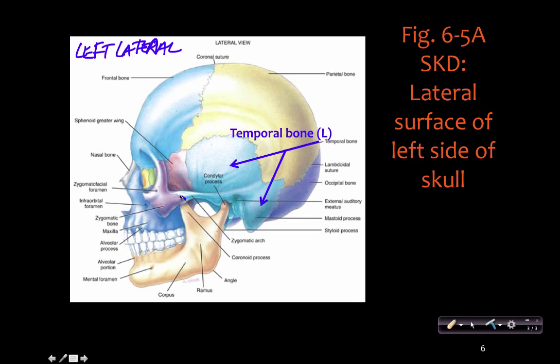But as you can see here, this would be the temporal bone, at least on the left lateral part. And what we're going to do in a second is divide this up into portions and look at the different sections of these.